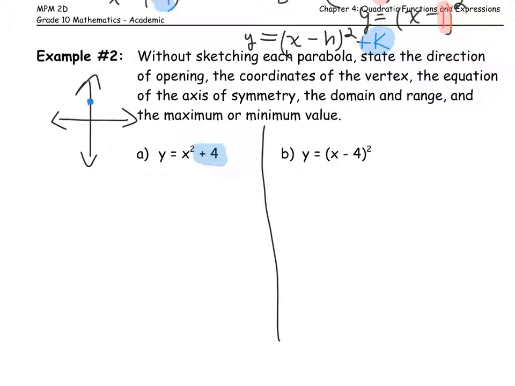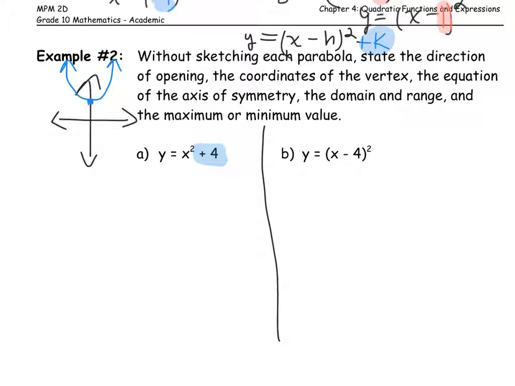I also know that when I look at the sign of my x here, the x is actually positive, and so you'll remember hopefully from yesterday that that means that my parabola is opening upward. So really I just have a parabola that is essentially y equals x squared, but just 4 units up.